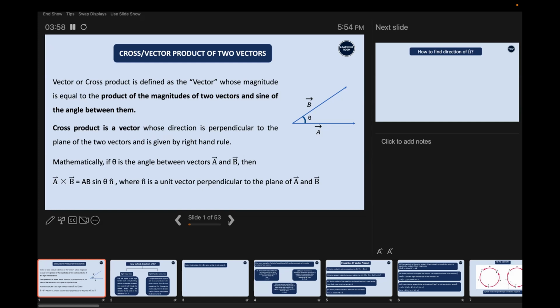Means if the board is considered to be the plane which contains A vector and B vector, then n cap will either be in the direction towards you or in the direction into the plane of the board. That is how the directions are defined.